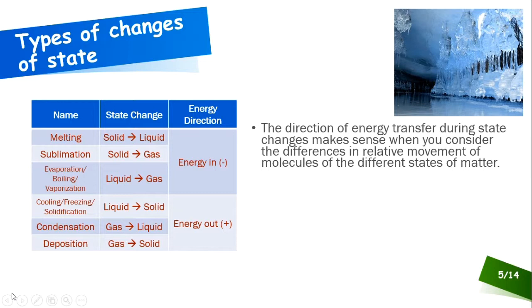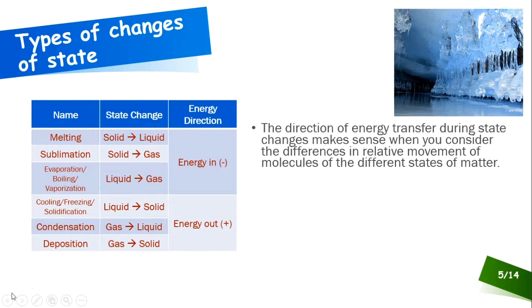And so, again, from the perspective of the surroundings, if you're moving closer to that gas state, you've got to put energy into the system. And that's why in the table there, you see energy in is considered to be a negative energy direction, because it's from the perspective of the surroundings. The energy is lost from the surroundings to go into the system. So because it's a loss in the surroundings, that makes it negative. If you flip that around and go the other way, now you've got energy coming out of the system into the surroundings.